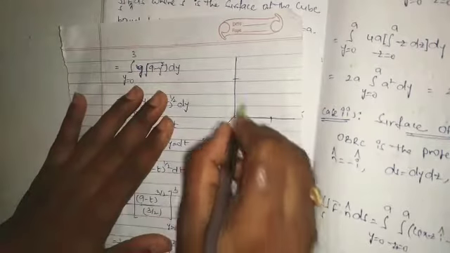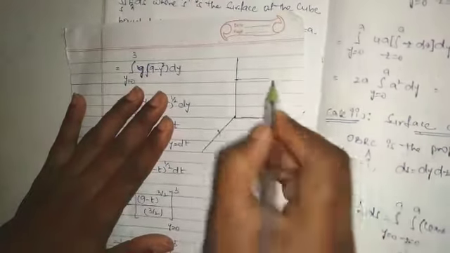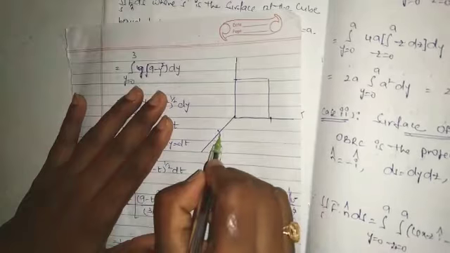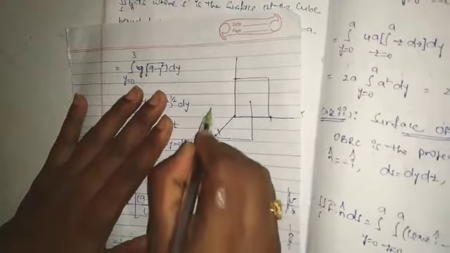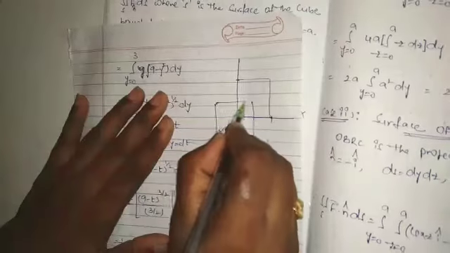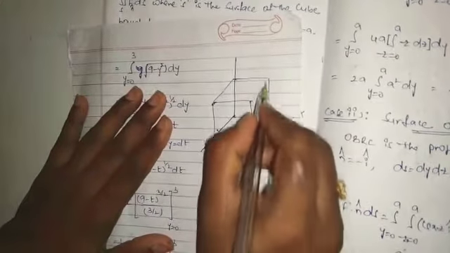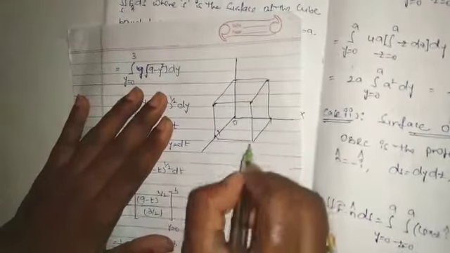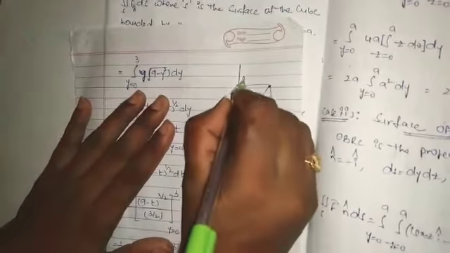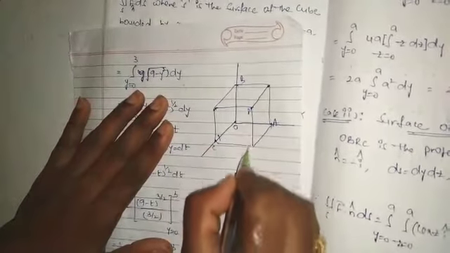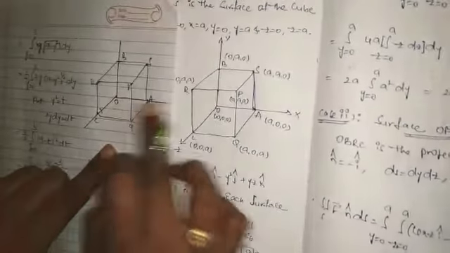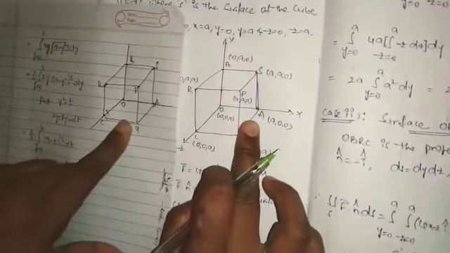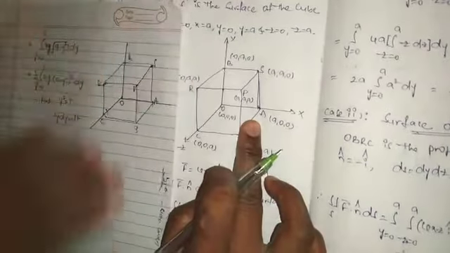Simply we take these points and draw the cube using them. So this is O, A, B, C, P, Q, R, S, like this. This is the way of drawing the cube with the given points.